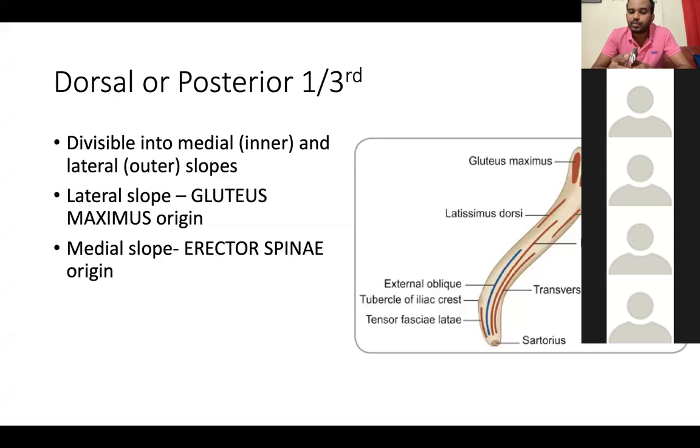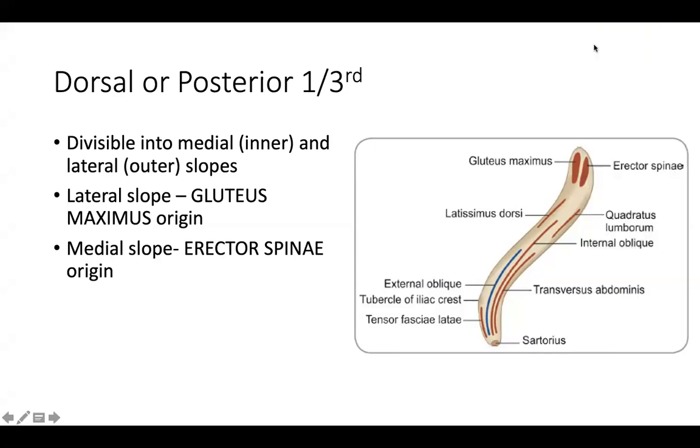And the lateral sloping area will give origin to a muscle called gluteus maximus, and the medial sloping area will give origin to a muscle which is erector spinae. Can you see it in the picture also? This is the medial sloping area, inner side.